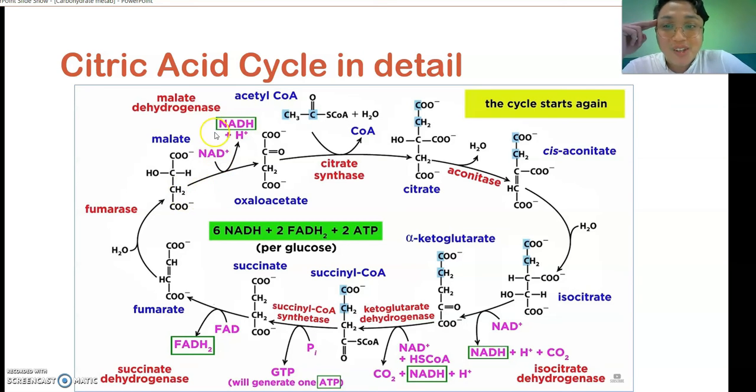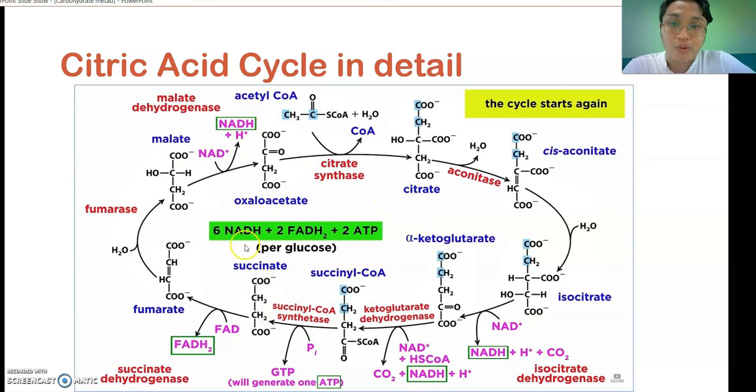Charot. Okay. So your malate, babalik na ngayon to oxaloacetate. That's why it's recycling, this is a cycle. May recycling na nangyari, may na-regenerate si oxaloacetate. Okay? So this is another redox reaction because it involves your NADH.